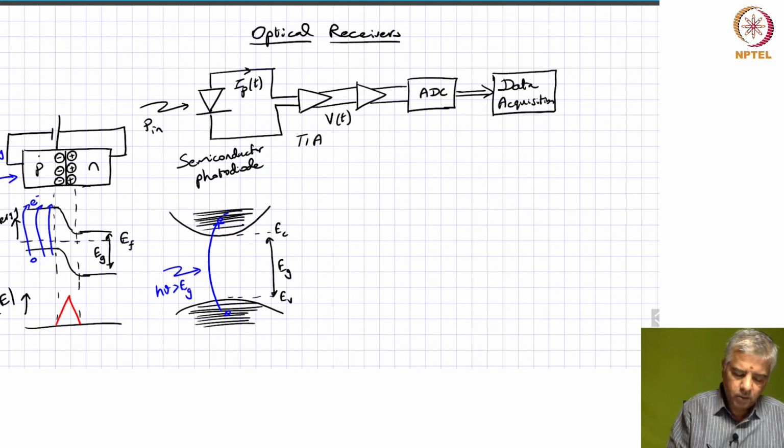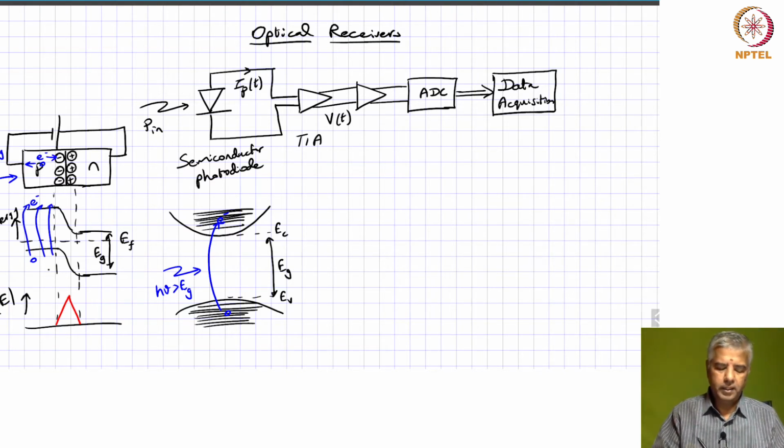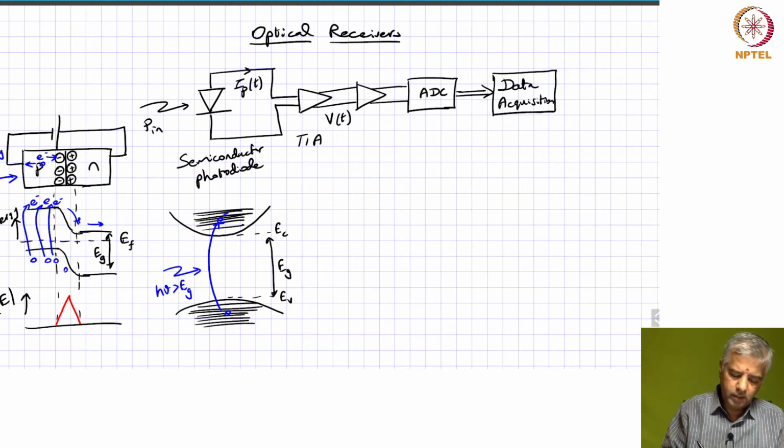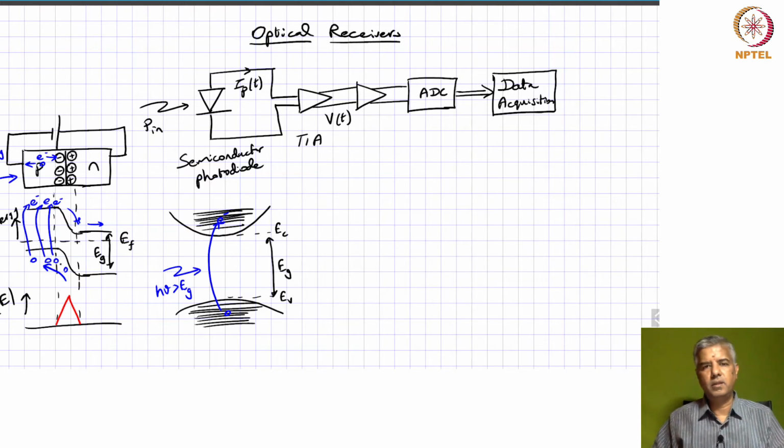If an electron and a hole are generated over here, the holes will move this way, the electrons will move this way, and so the electrons generated over here are going to go out to the external circuit like this, whereas the holes generated in these regions are going to see the external circuit, and that constitutes a photocurrent in the external circuit.